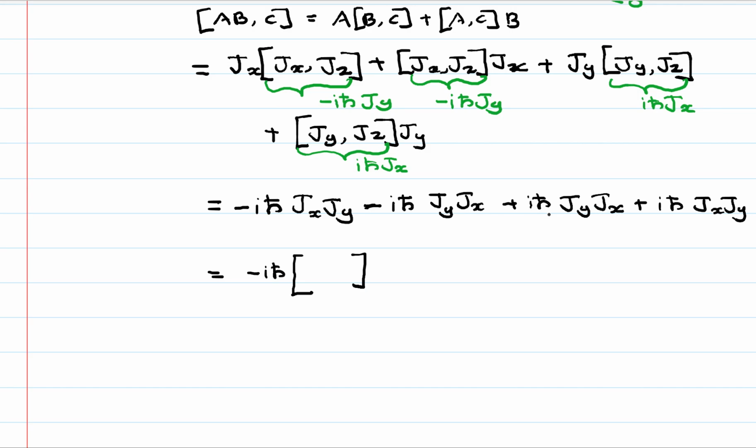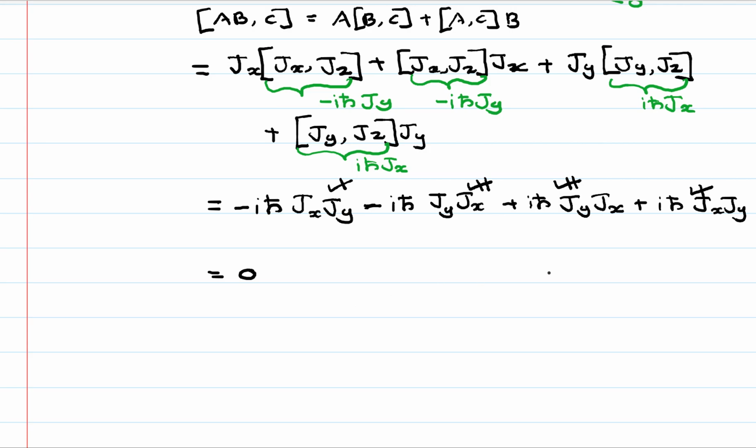I'll just write it here itself. So these terms will all cancel one by one. Minus i h cross jx jy plus i h cross jx jy we can cancel right here. Then this one also cancels, so this is equal to 0. So the first thing we got is 0.